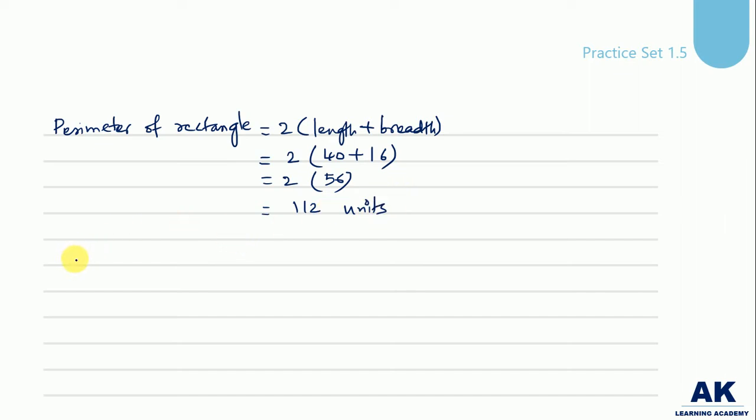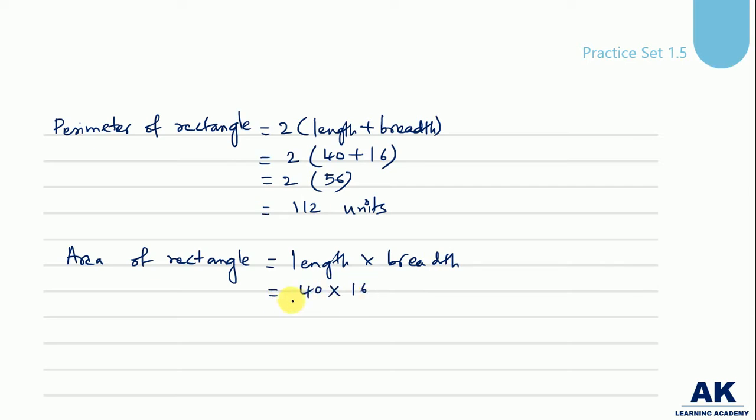Now it's time to calculate the value of the area of the rectangle. What is the area of a rectangle? You know the formula, it is length into breadth. Length is 40 and breadth is 16.